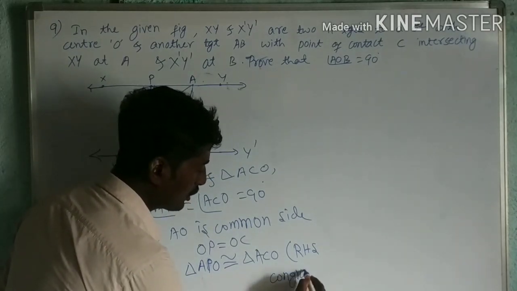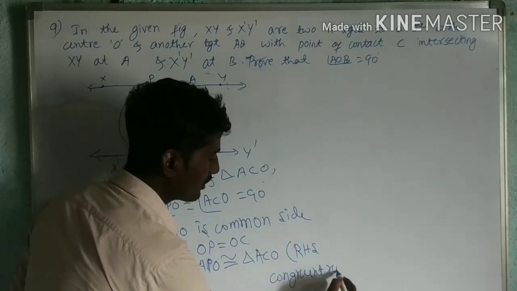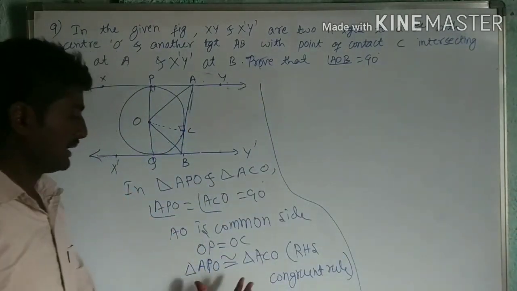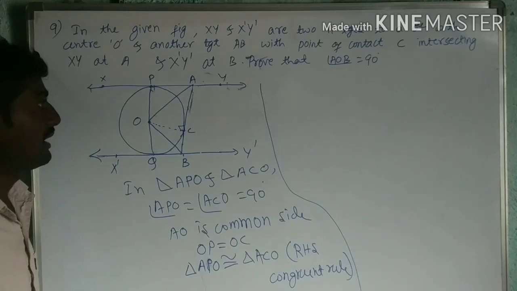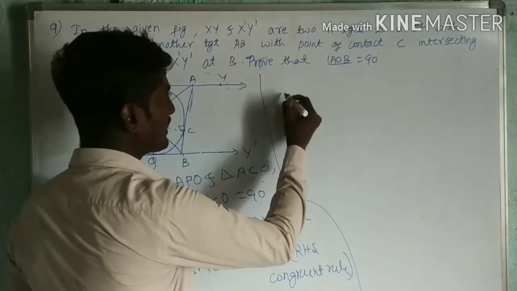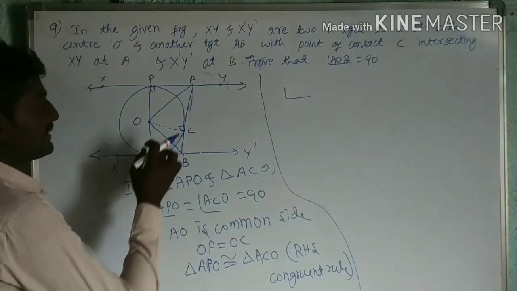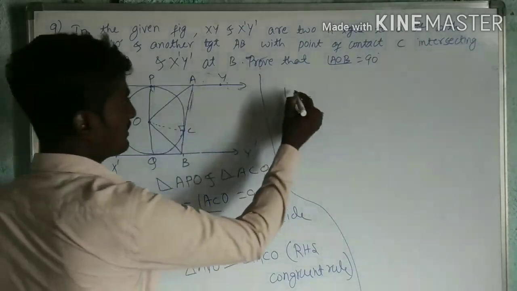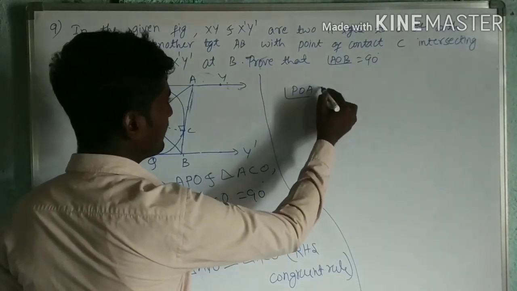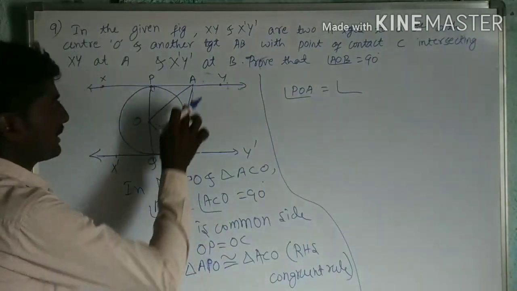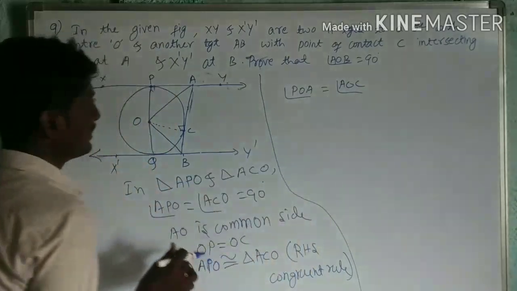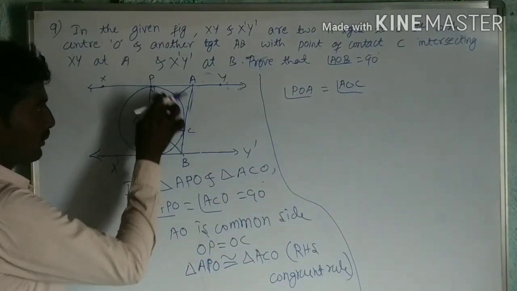Next, if these two are congruent to each other, by using CPCT I can write angle POA is equal to angle AOC.